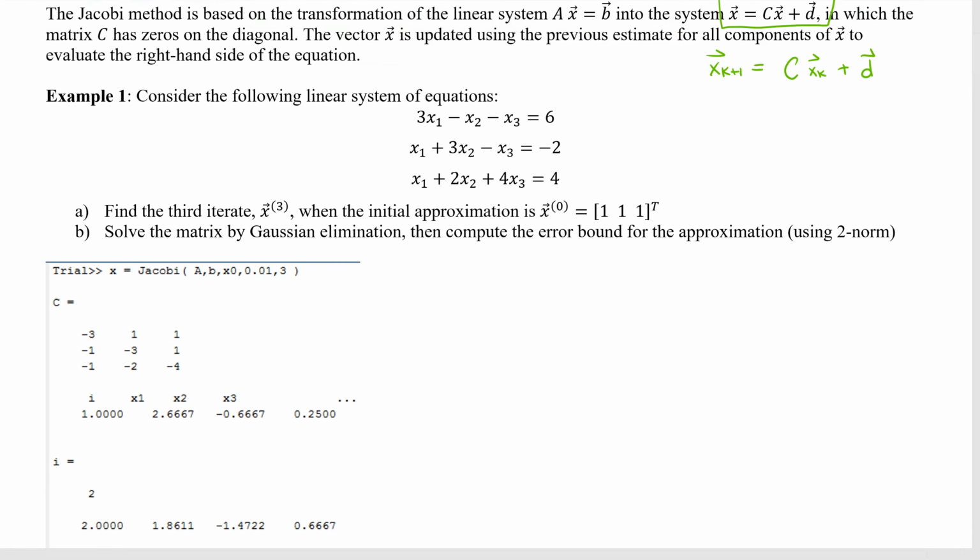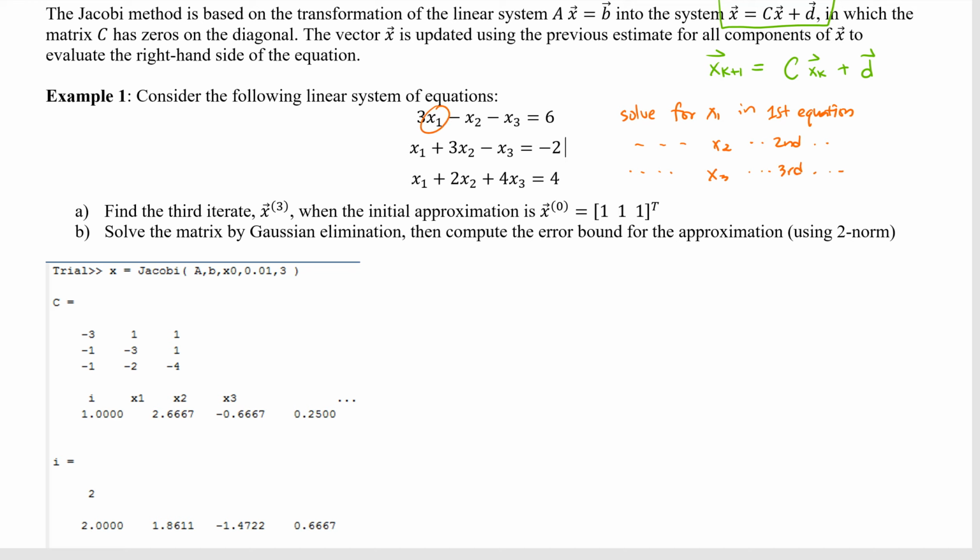Okay, so first of all, how do we get the iterative scheme like x equals Cx plus d? Well, very easy. Solve for x1 in the first equation, solve for x2 in the second equation, solve for x3 in the third equation.